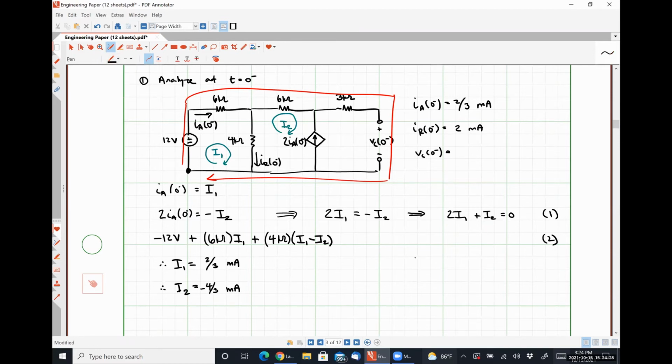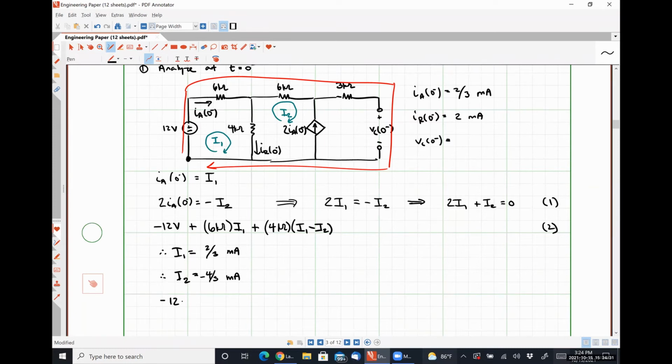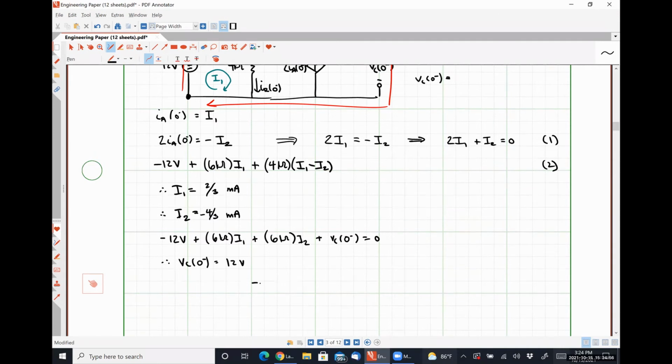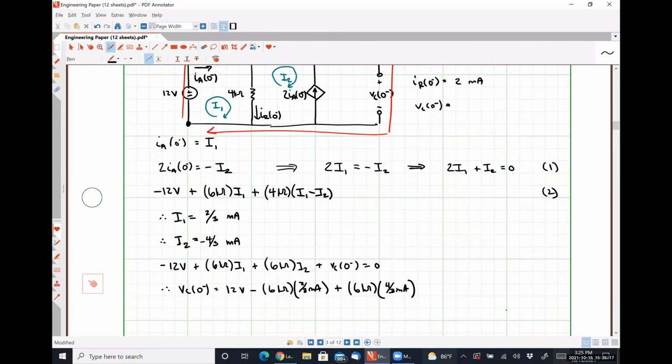So I could say that negative 12 volts plus 6 kilo ohms times I1 plus 6 kilo ohms times I2 plus VC at 0 minus is equal to 0, which means VC at 0 minus is simply 12 volts minus 6 kilo ohms times 2/3 of a milliamp plus 6 kilo ohms times 4/3 of a milliamp. I believe I've got my signs right.